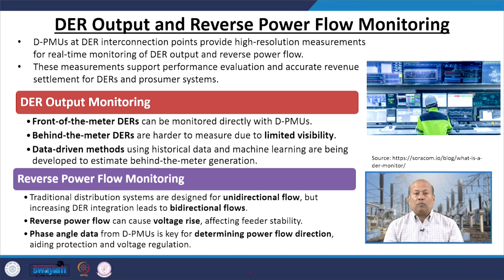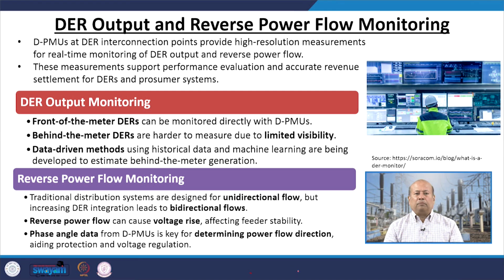Now, monitoring that reverse flow is an important aspect. So, D-PMUs at DR interconnection points provide high-resolution measurements for real-time monitoring of DR output and reverse power flow. These measurements support performance evaluation and accurate revenue settlement for DRs and prosumer systems.